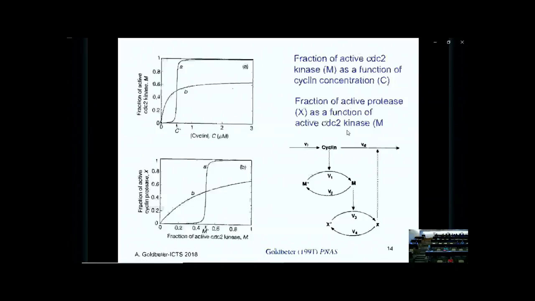And this is what happens in the first cycle of phosphorylation, dephosphorylation. In the second cycle, we have the phosphorylation of X, the protease, by the kinase M. So if we plot the fraction of active X, the protease, as a function of the fraction of active CDC2 kinase, curve A shows that it also displays a very sharp threshold.